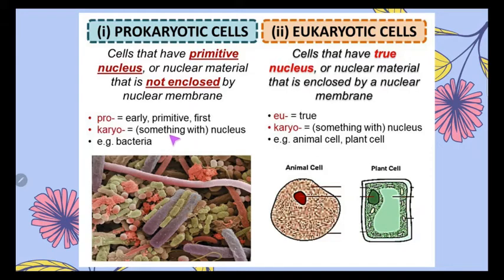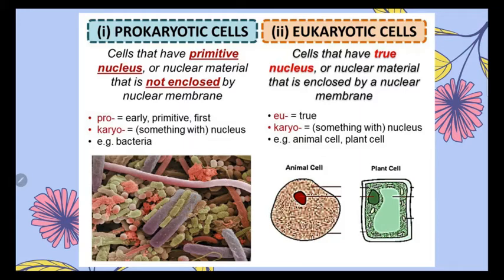So we can say that a prokaryotic cell is a cell that has a primitive or early nucleus, or the nuclear material is not enclosed by a nuclear membrane. Of course, if there is no true nucleus, the nuclear material, for example DNA, is not enclosed by a nuclear membrane. So this is the diagram of the bacteria.